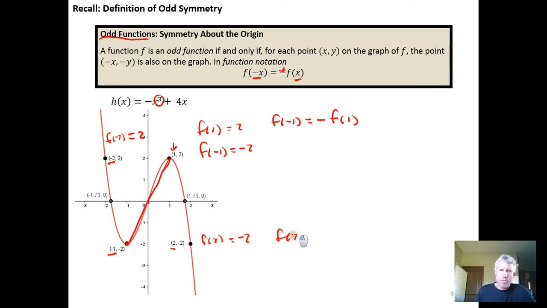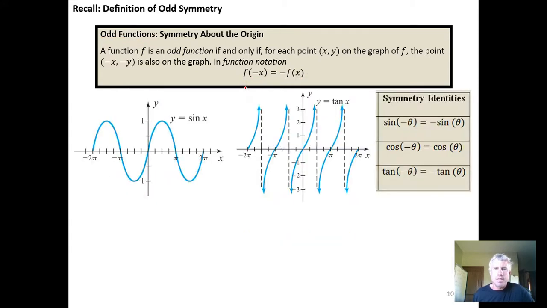So f of negative 2 equals the opposite of f of positive 2. We have odd symmetry, and this point reflected through the origin would wind up matched up with this point. This is how we tested for odd symmetry.